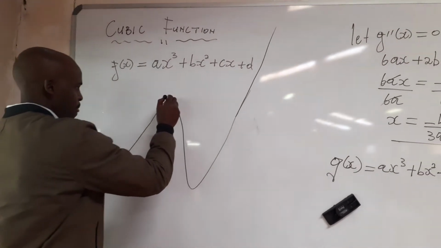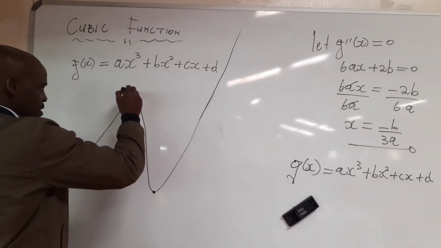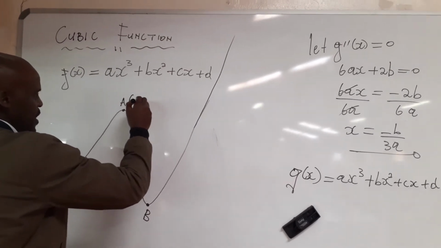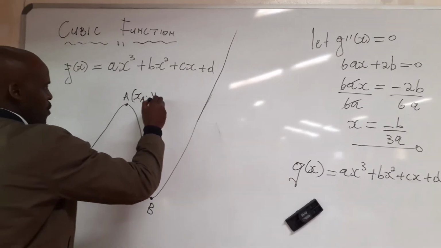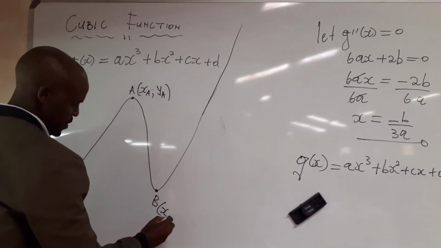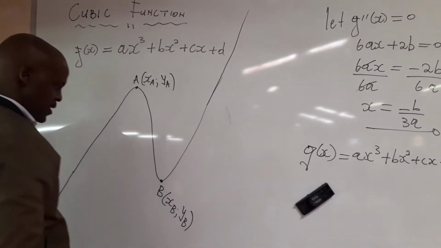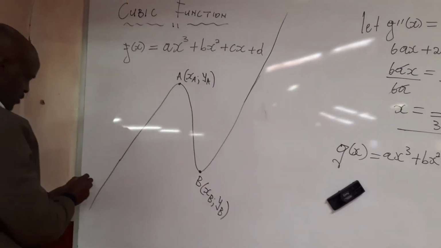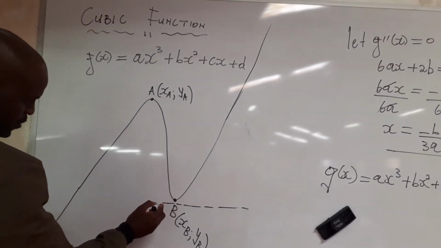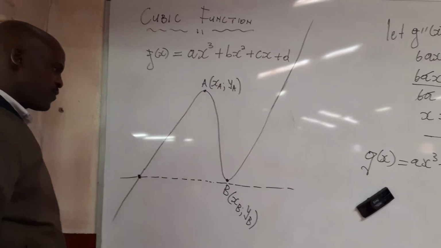In this case now, let's say this is point A, point B. So the coordinates here: x at A and y at A. Here, it's x at B and y at B. If you put a horizontal line just below the turning point, that's where it will cut our graph.